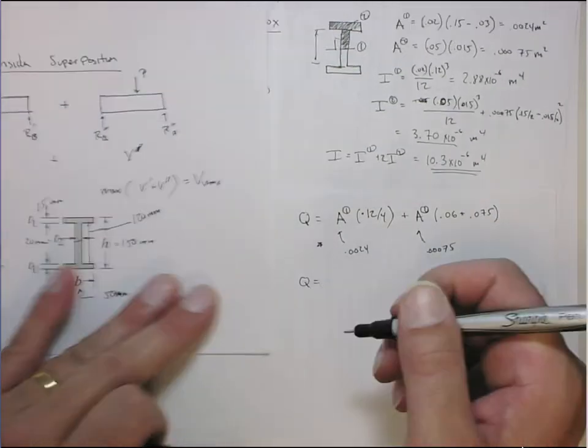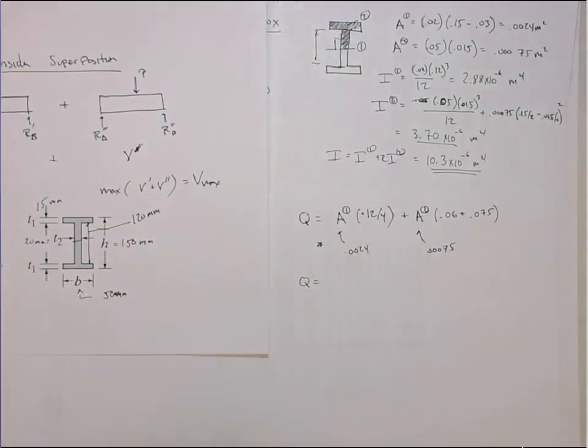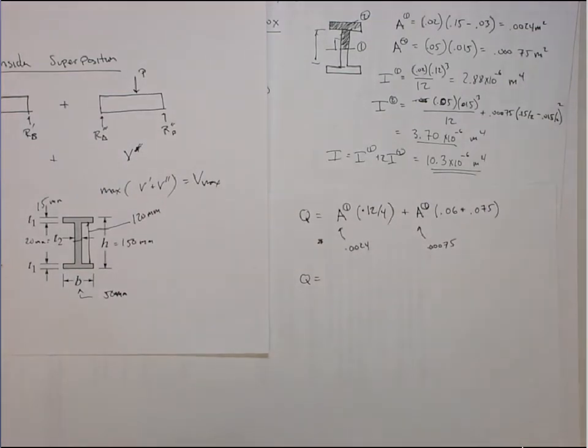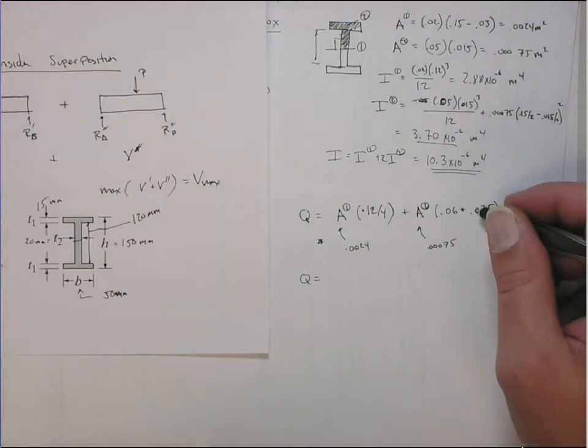And then when we do that, that gives us a value of, this should actually be 0.0075, right?